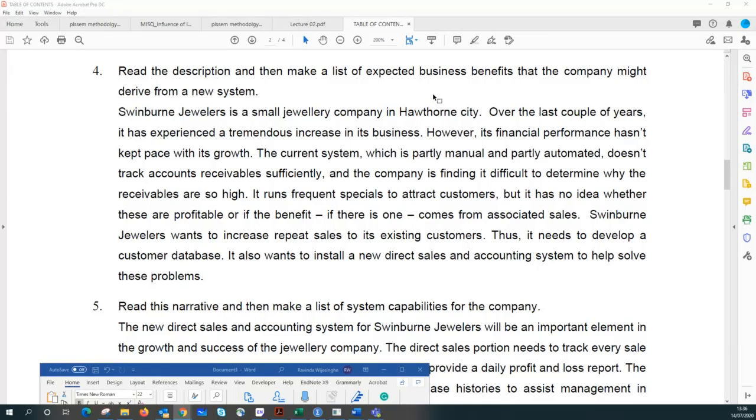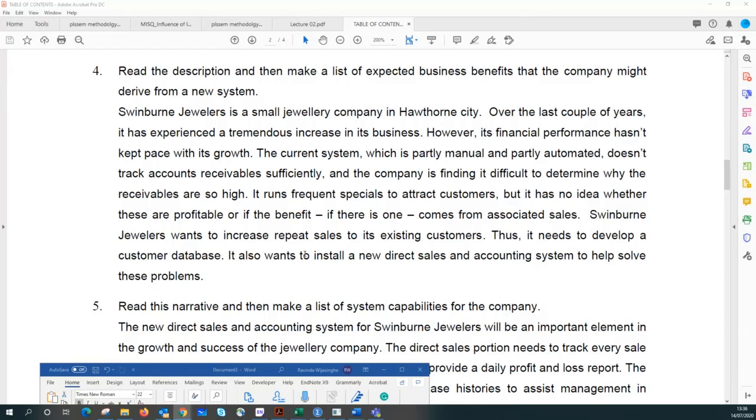So what they are asking us to do is to list some business benefits, right? Now we know the problem, and we know the solution they are going to implement: basically one centralized database with direct sales and accounting capabilities. So what business benefits can we derive? That's the question asking us to discuss.